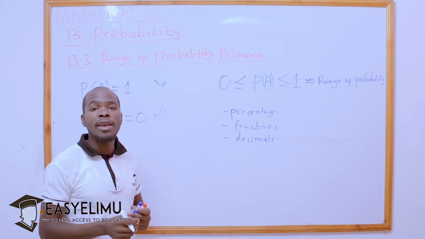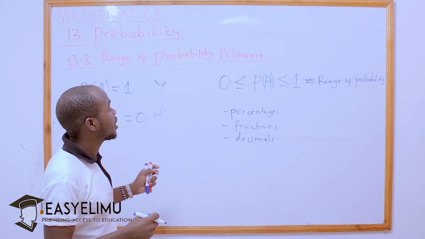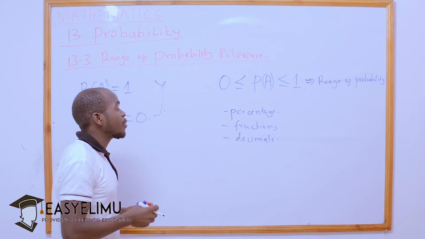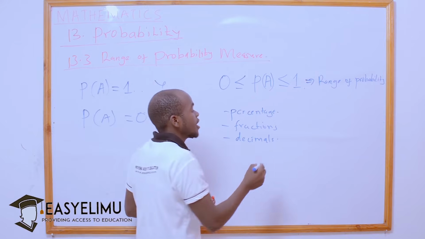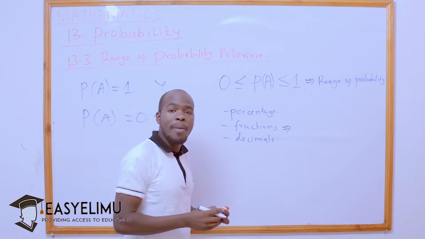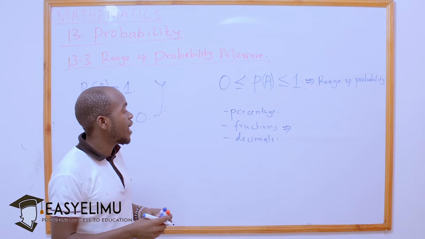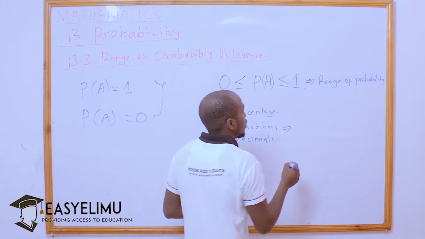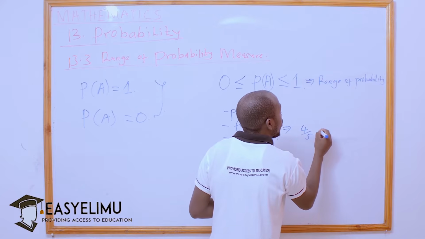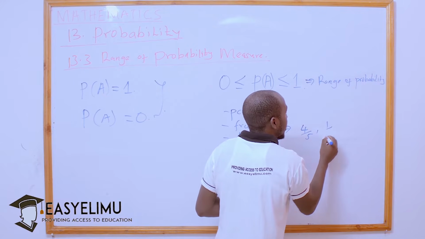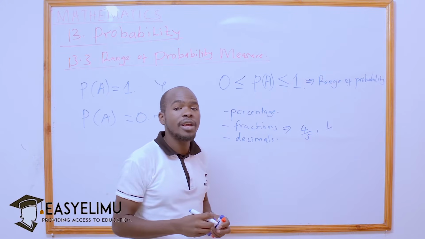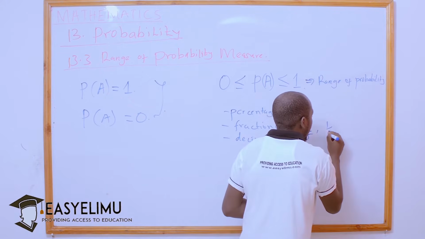For the case of the heifer, or for the farmer, you will find that the probability was expressed in terms of fraction, whereby that of obtaining the bull, we found out was 4/5, and that of obtaining a heifer in a fifth delivery was 1/5.